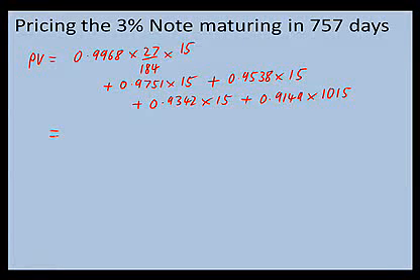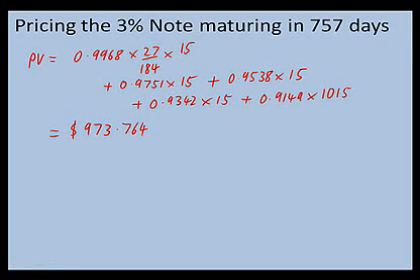And if we do this calculation, I get $973.764. That's the present value of the 3% note maturing in 757 days, after accounting for the accrued interest.